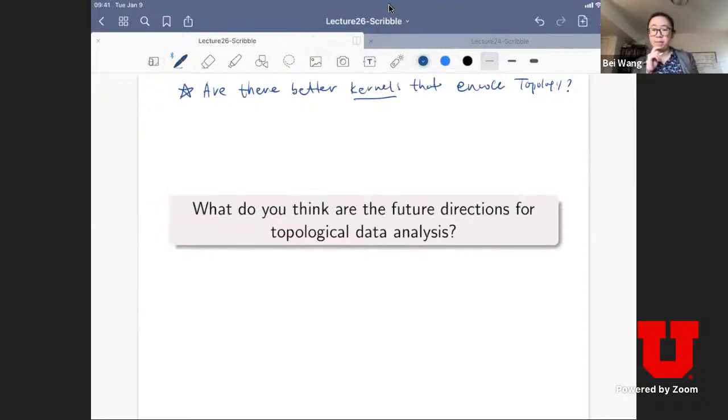I think there is a Python implementation of a number of kernels. Some of them I did not go into detail in this class, for example, the persistent Fisher kernel and so on. There are at least 4 or 5 different kernels that have been implemented. And one of the open questions actually is, what are the strengths and weaknesses of the existing kernels, right?